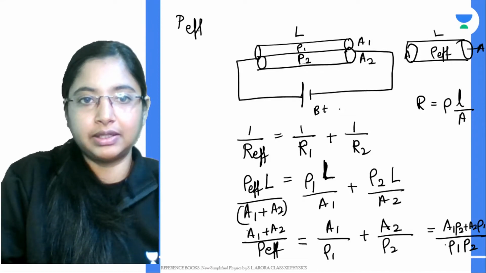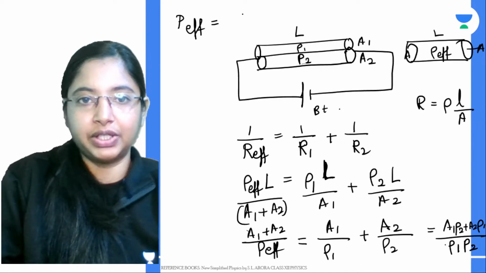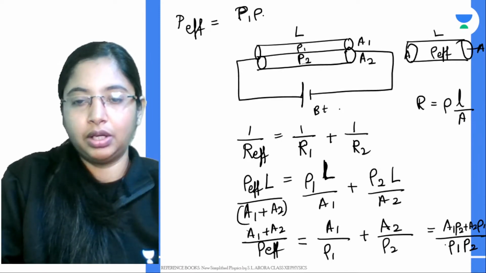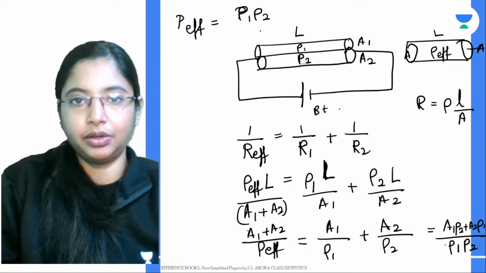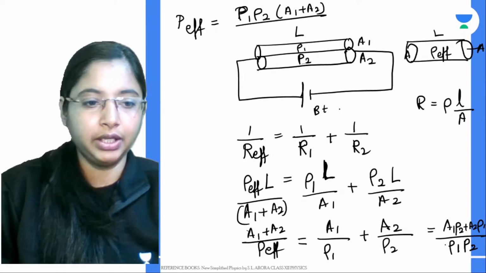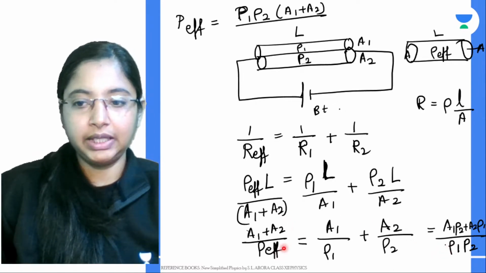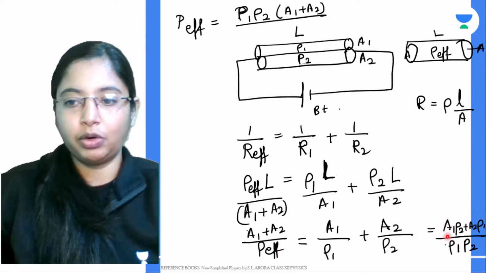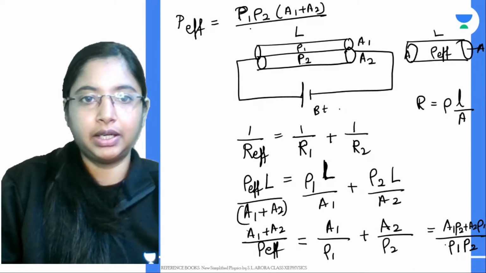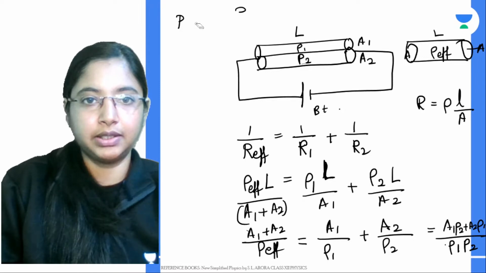So the effective resistance will be equal to rho 1 rho 2 into A1 plus A2, with terms moved to the other side, and whatever term is here you bring it down. Let me just quickly do that separately.